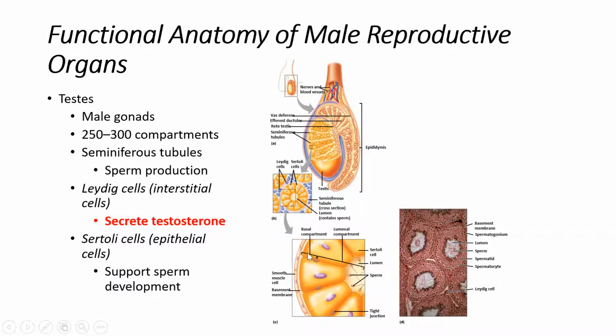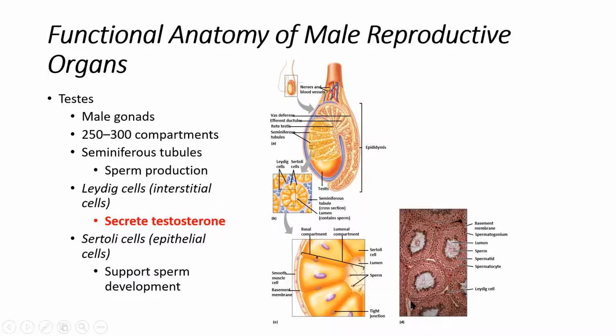So sperm mature as they progress from the basal compartment all the way through to the lumen. And by the time they get to the lumen here, they are fully formed sperm, and they make their way to the rete testis. And in that journey, they actually become fully matured.